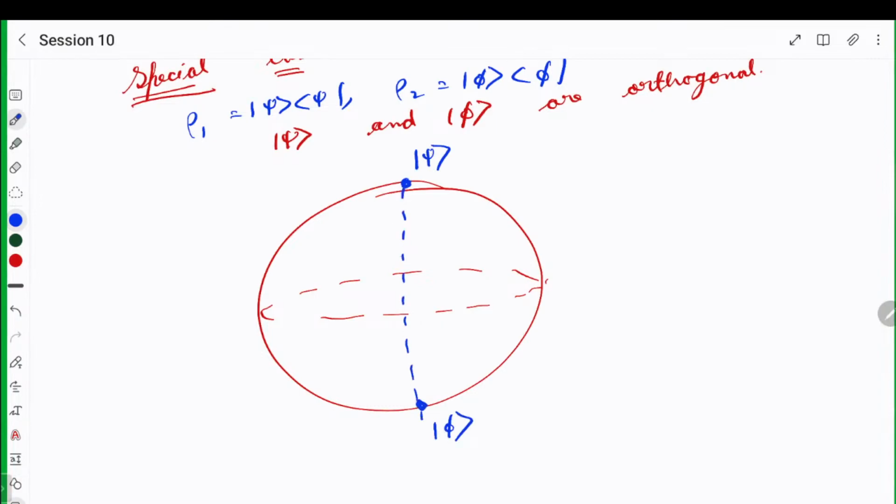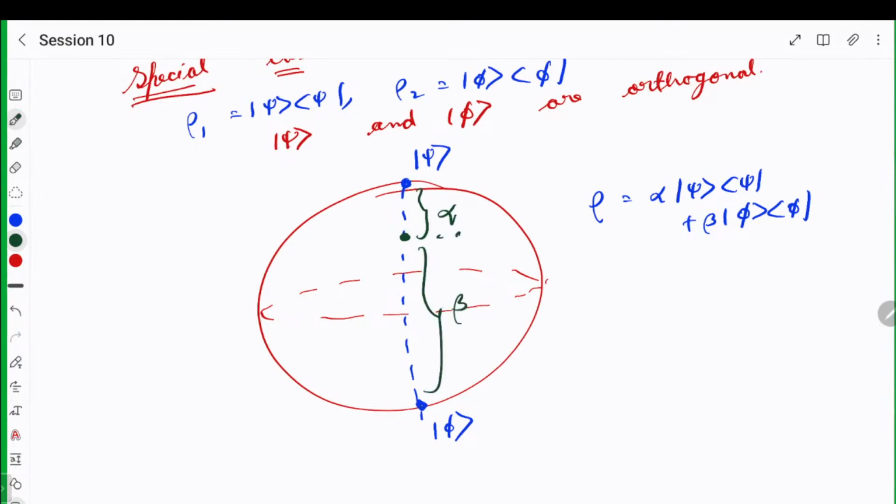And then if you take, say, rho equals alpha psi psi plus beta phi phi, it will again be some point in between, so that it divides the line joining these two points in the ratio alpha is to beta. But notice one thing, that we could have also written it as a combination of some other pure states.